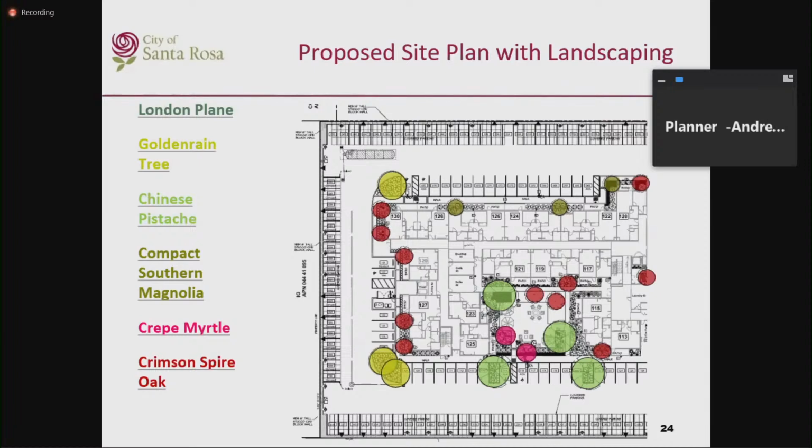One issue that arose during planning review was the conflict between the design guidelines' desire to see trees on a project site and the project sustainability goal of generating solar electricity.